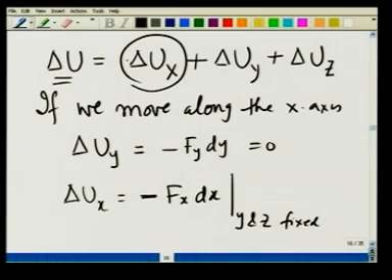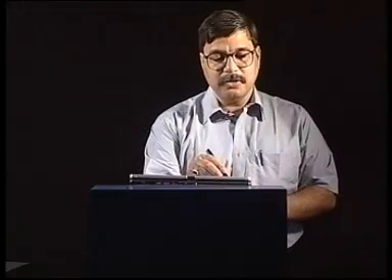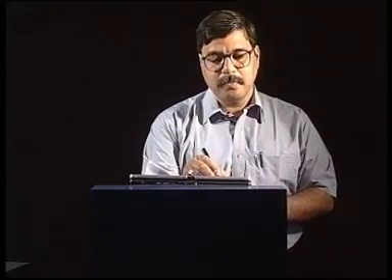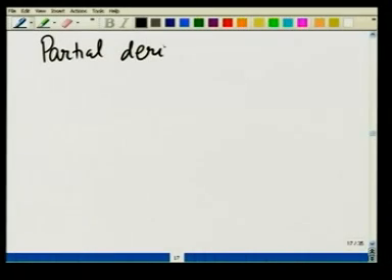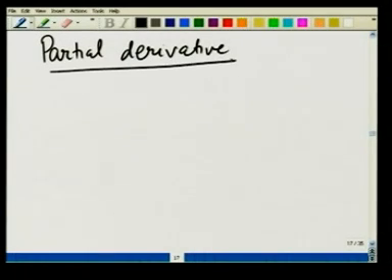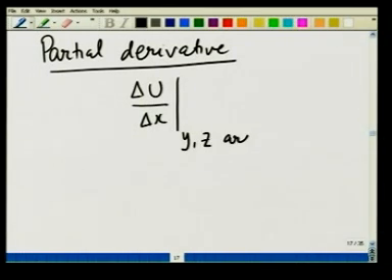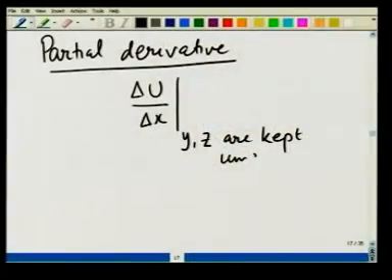And therefore, let me now define something called the partial derivative, which I will say is delta u over delta x, the partial derivative with respect to x when y and z are kept unchanged.